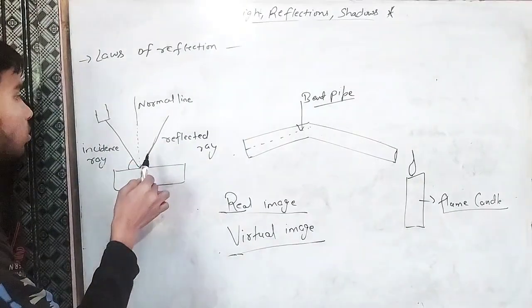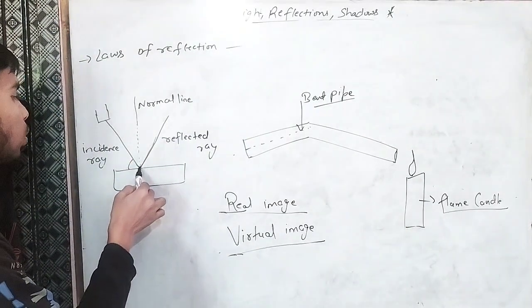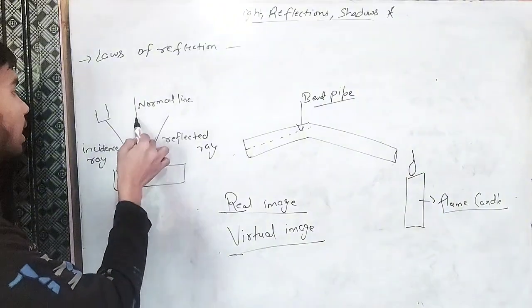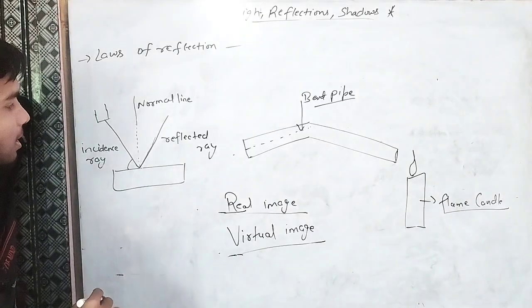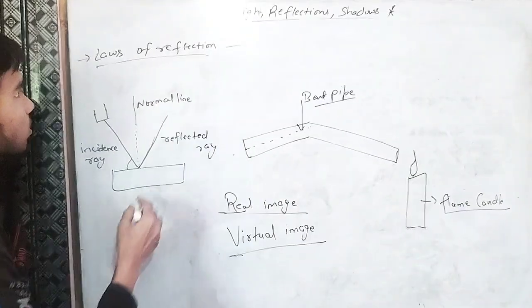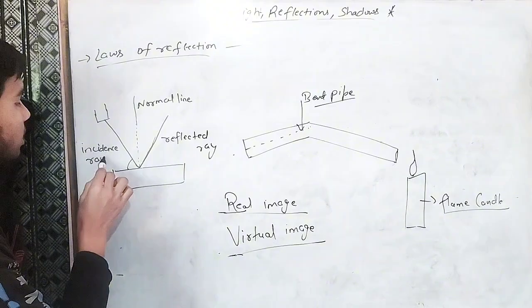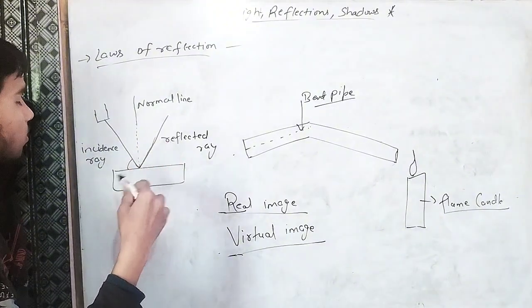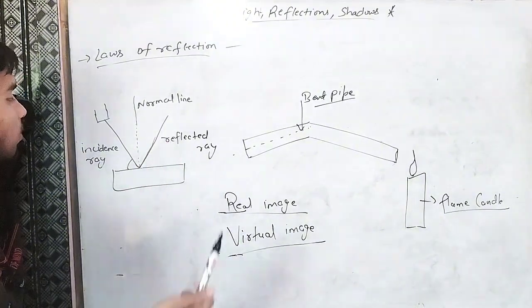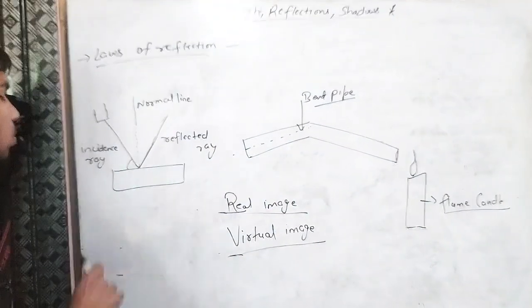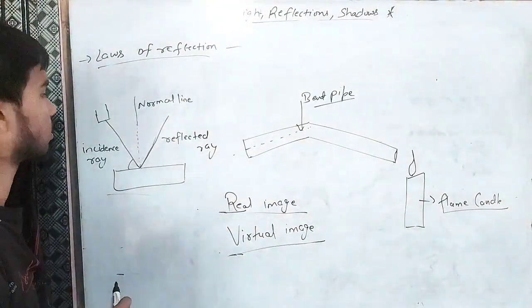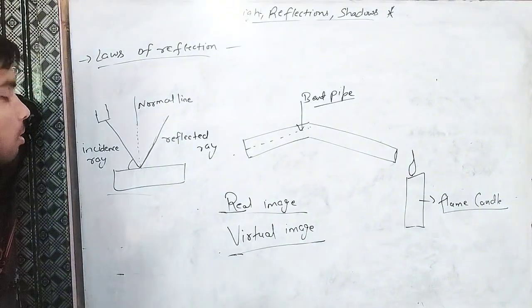So the reflected ray will follow the same path as the incidence ray. Got it? So the law of reflection: the angle of the incidence ray is equal to the angle of the reflected ray, because the mirror is a plane mirror.